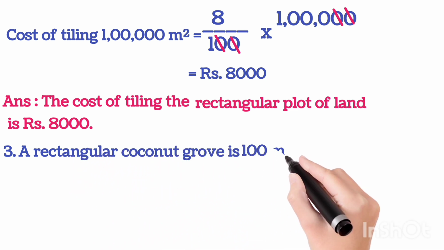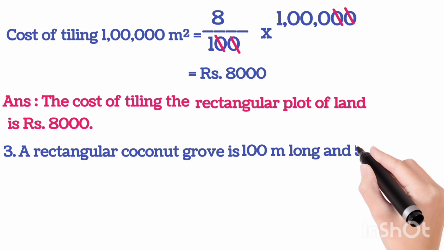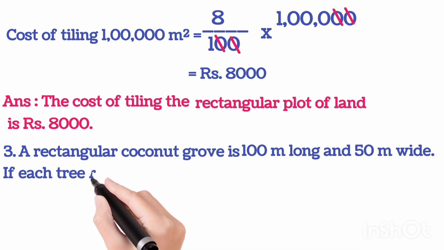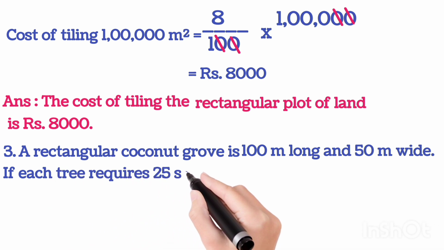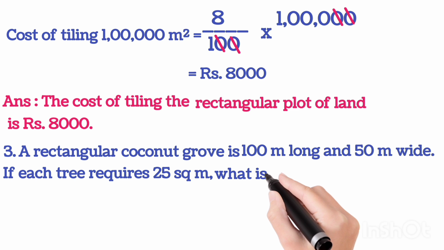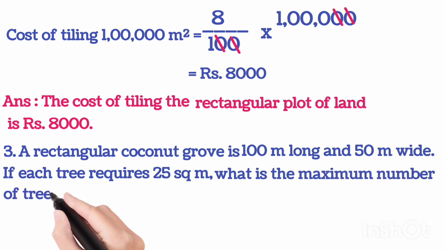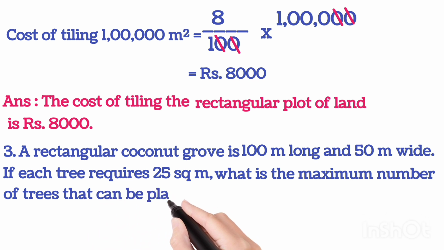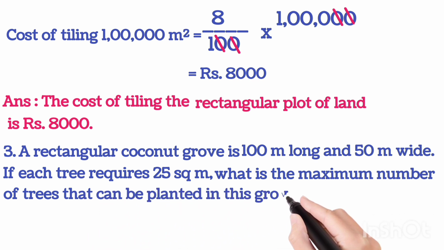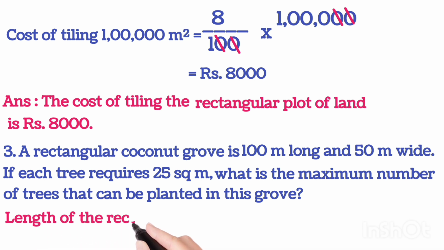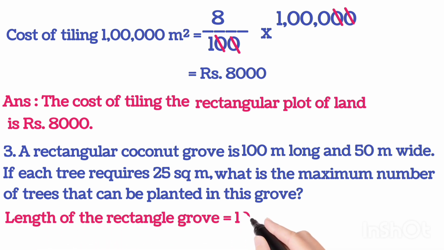A rectangular coconut grove is 100 meter long and 50 meter wide. Length and breadth both are given. If each tree requires 25 square meter, what is the maximum number of trees that can be planted in this grove? Okay, means one tree is taking 25 square meter area. So first we will find out the area of this rectangular coconut grove.